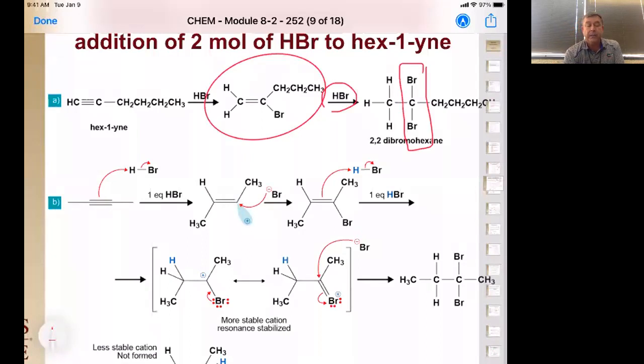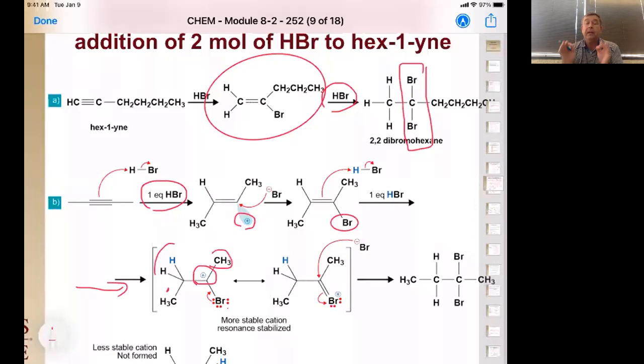And the mechanism, as we predicted, was the first equivalent of HBr. It's going to generate a cation, which is going to put our bromine on it. Then the second one is going to want to generate the cation on the more substituted carbon, okay? We have one carbon over here and two hydrogens. We have one carbon and the bromine.